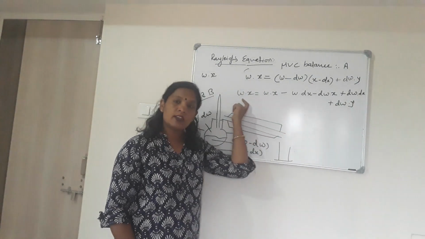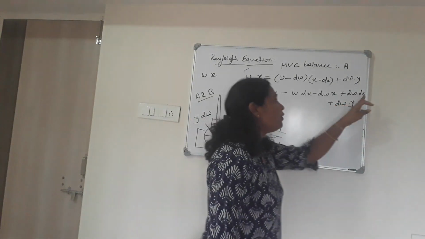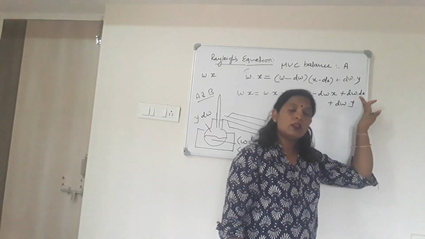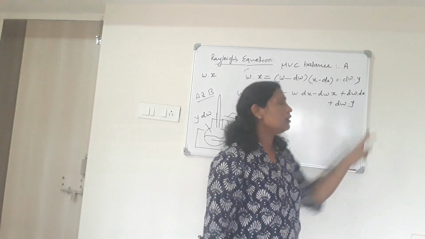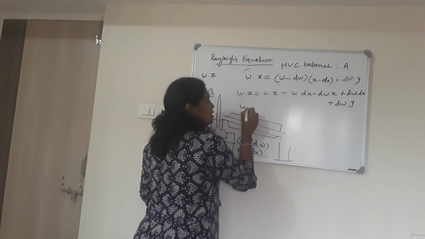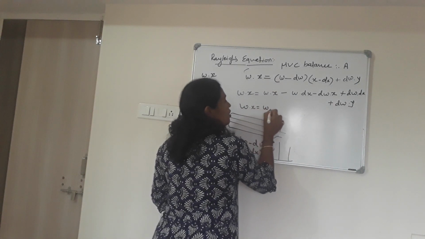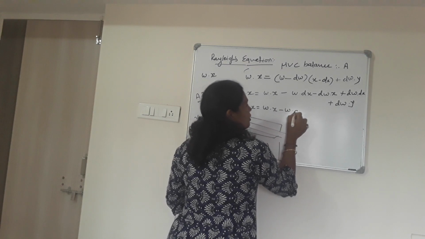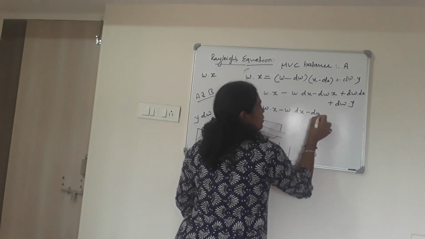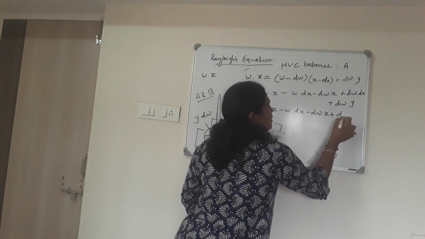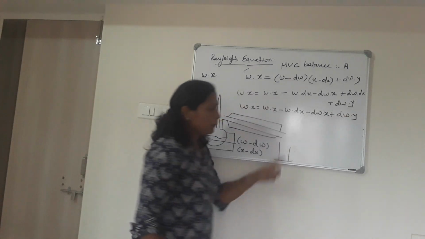Now if you look at this equation, dW into dx will be a very small amount and we can neglect it. So the equation becomes W into x is equal to W into x minus W into dx minus dW into x plus dW into y.